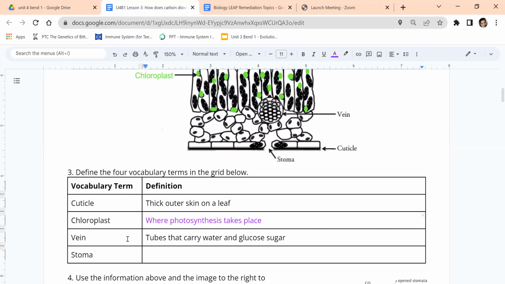The veins are the tubes that run throughout the leaf and on into the plant, and they carry water and glucose throughout the plant. And then the stoma are the openings on the underside of the leaf that allow gases to enter and leave the leaf.